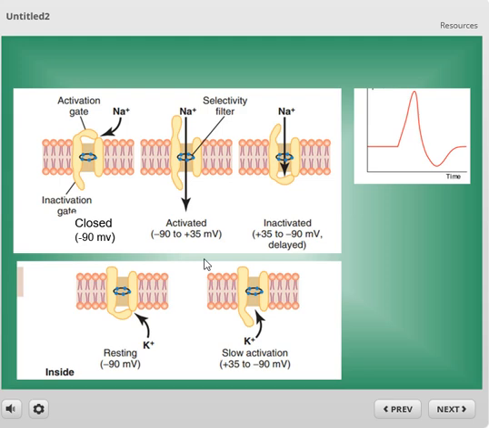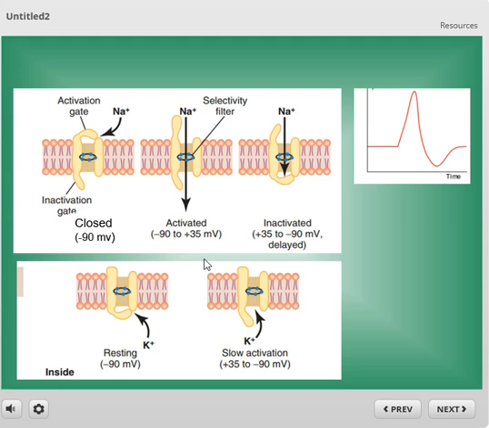As you see in the figure below, it shows the potassium channels. Potassium channels just have one gate. This gate is located on the inside surface of the cells, and it is just an activation gate. The potassium channels activate more slowly than sodium channels.